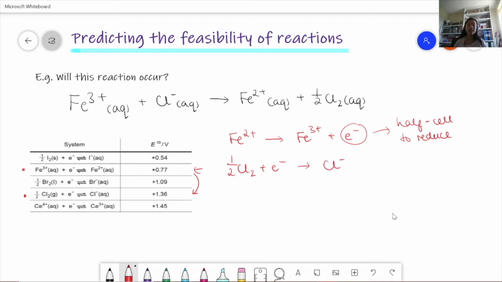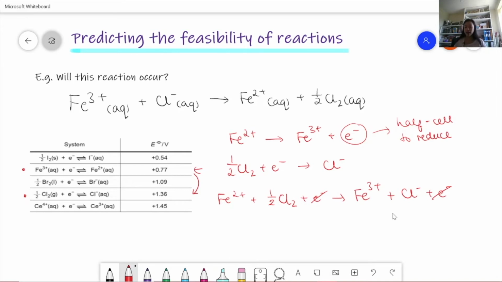And so when we add these two half equations together, we should get the overall reaction. And so we can just add them together like this because the electrons balance out. So we have Fe2 plus half Cl2 plus an electron is equal to Fe3 plus Cl minus plus an electron. So now we can cancel off the electrons. So this is the overall equation. And so from this, we can now say that the reaction at the top will not occur because the opposite of that occurs.